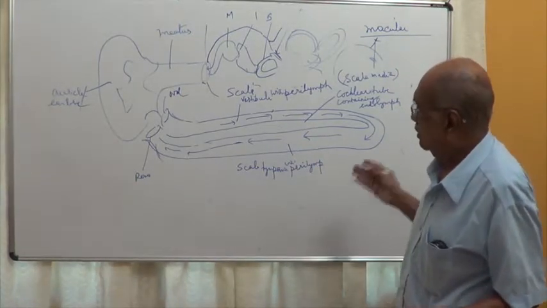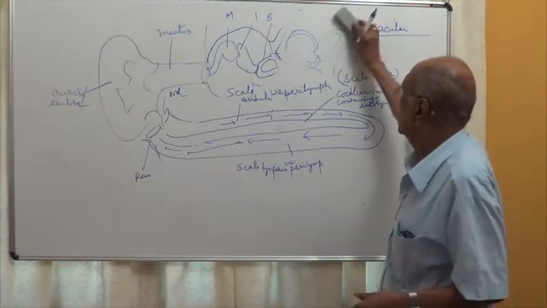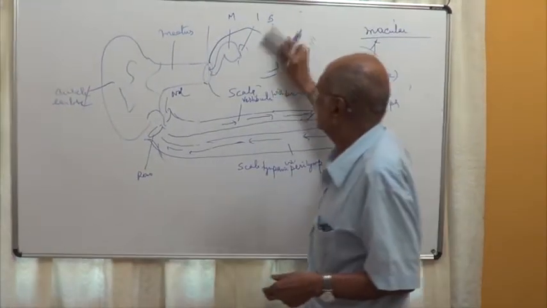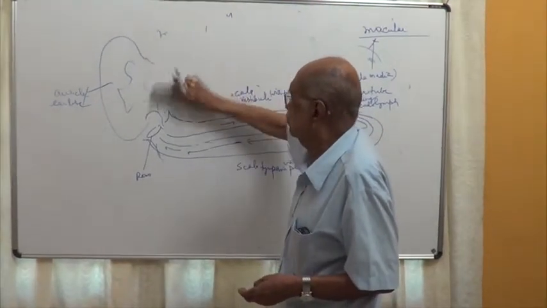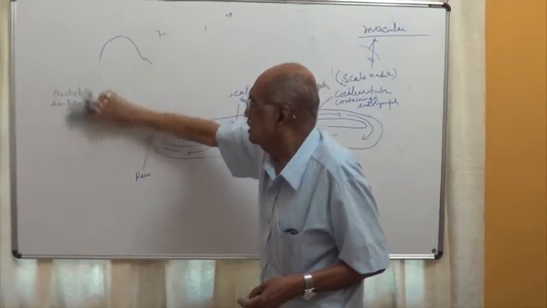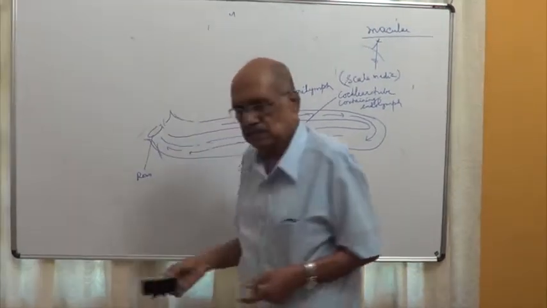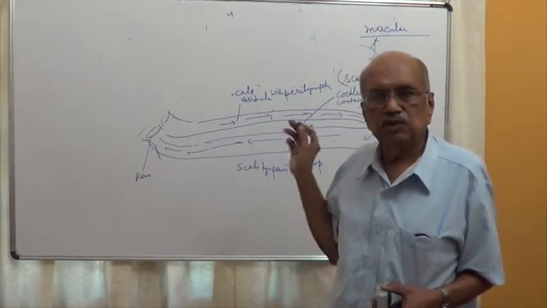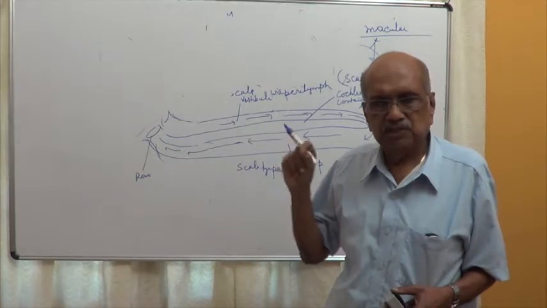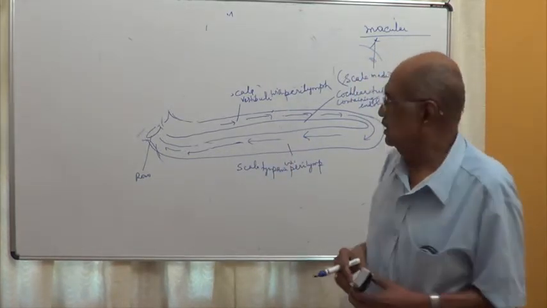Now, how do you understand this? Unless we take a TS. TS is absolutely necessary for two reasons. One is that it tells us where the hearing apparatus is located. Second is that the three divisions of the spatial organization of the two is visible only in a TS.